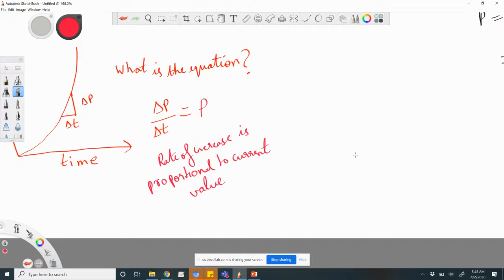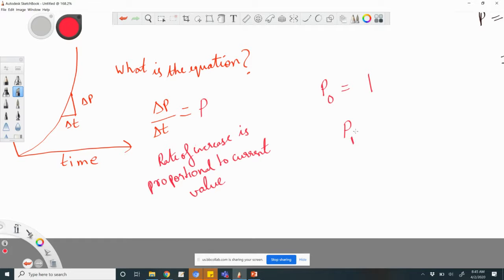So let's say p naught is equal to 1, right? Then what would your delta?